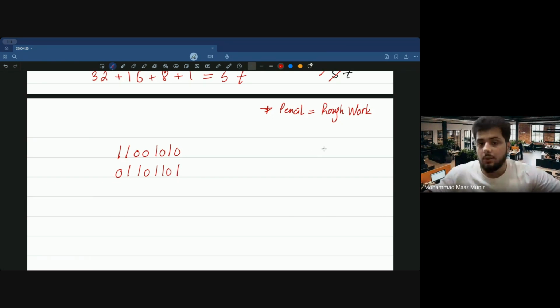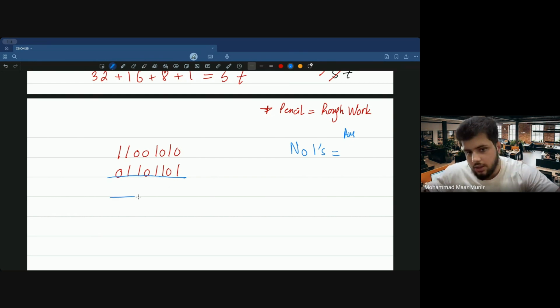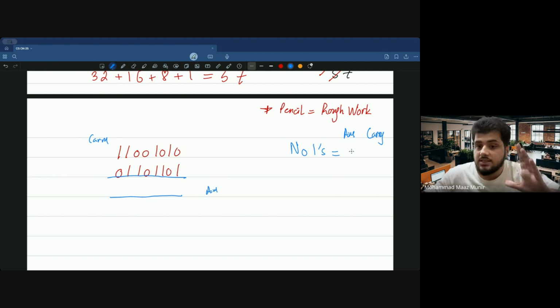Now remember, I will rewrite the rules up here. Memorize this rule, it's really easy. This section is your answer, and this is your carry part. If you have no ones, your answer will be a zero and the carry will also be zero; that means you are dealing with zero plus zero.